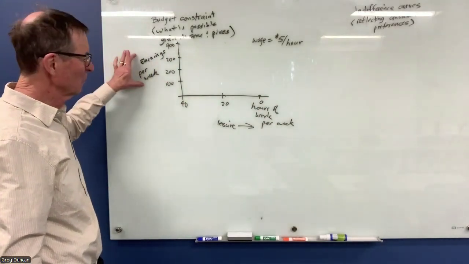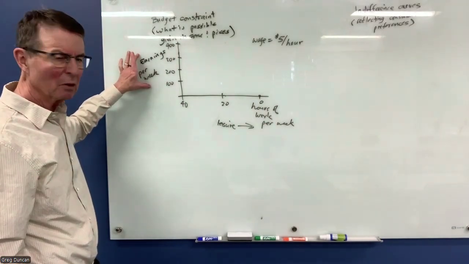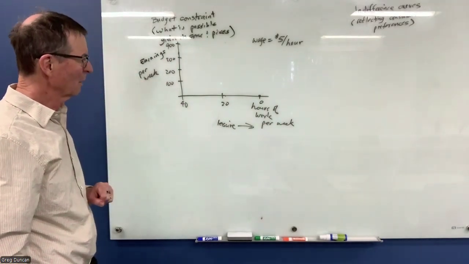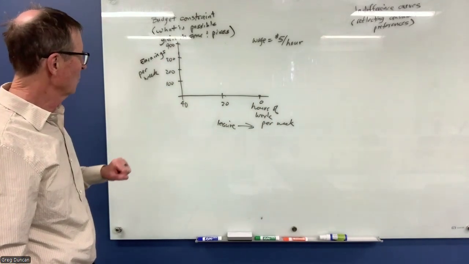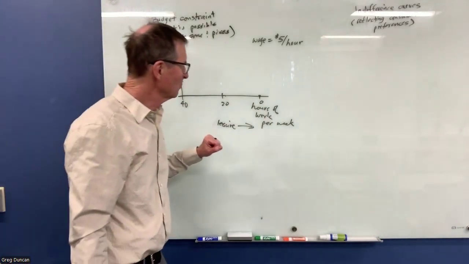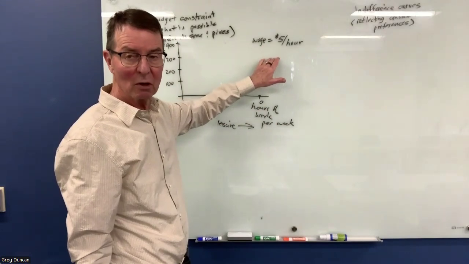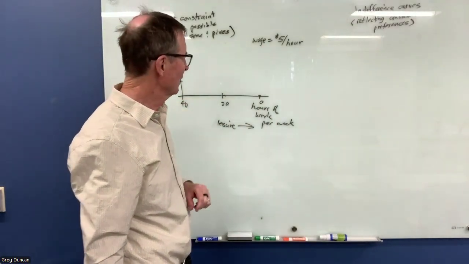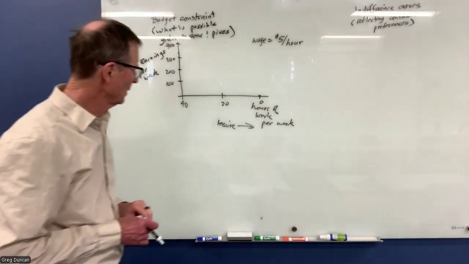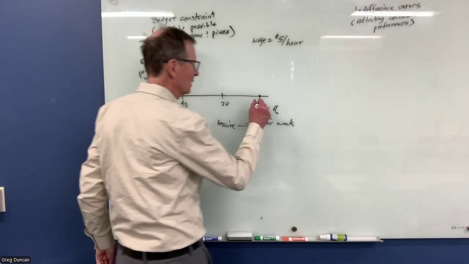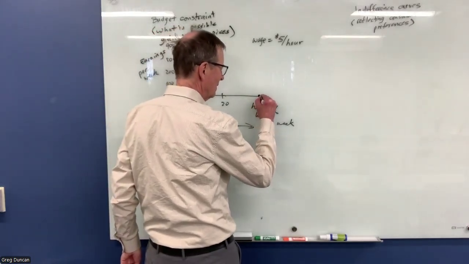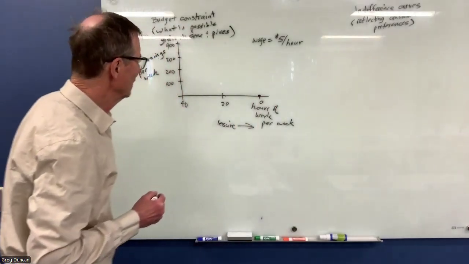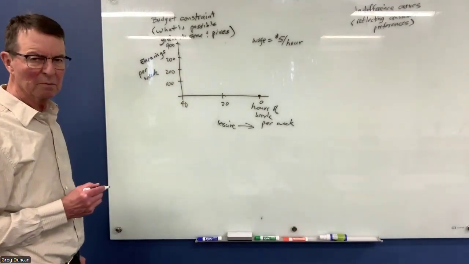And earnings are going to be a direct result of the work hour decision. So suppose we face a wage rate of $5 an hour. If we don't work at all, our earnings are 0.